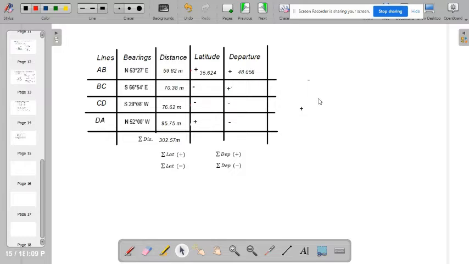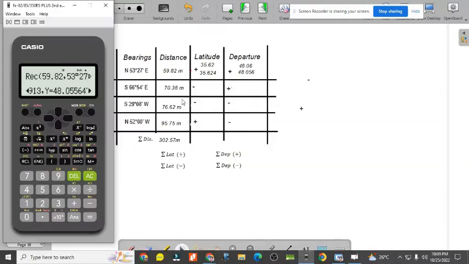We will also take the two decimal places, so we can see the difference, because there may be some discrepancies. And this one also is 48.06. Okay. Next we have 70.38.